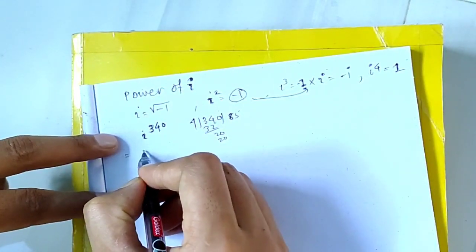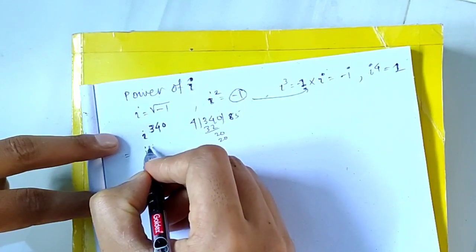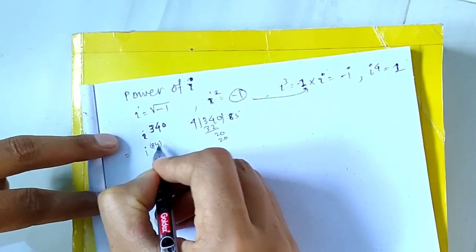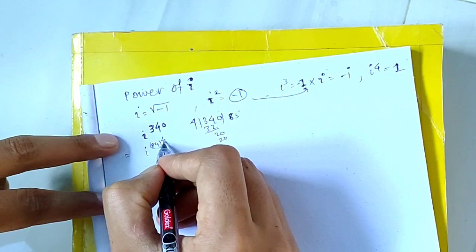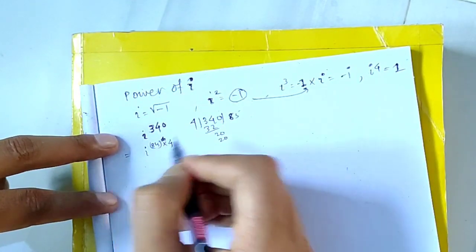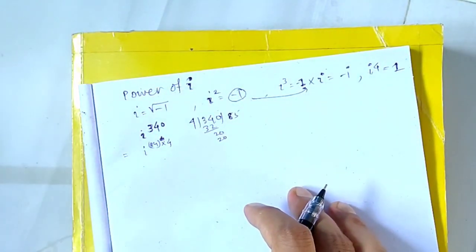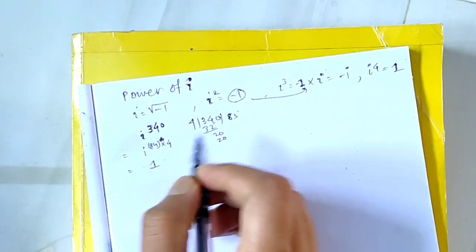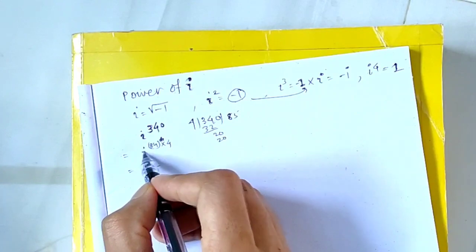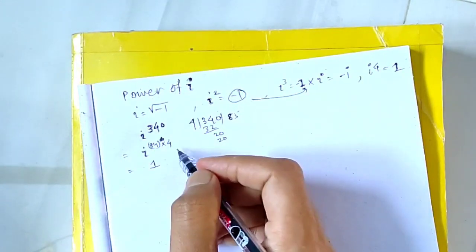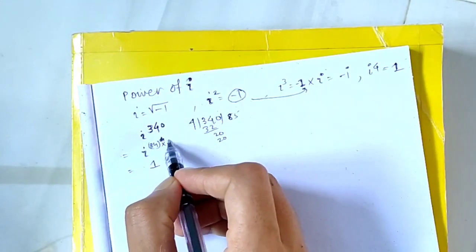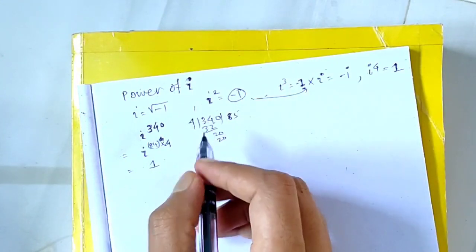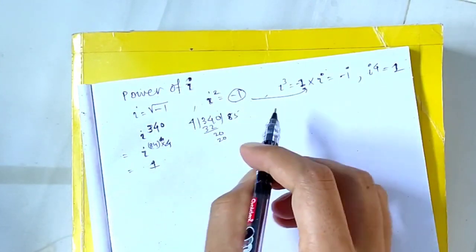So we can write this as iota to the power 4 times 86, and since it is a multiple of 4, it will be 1.